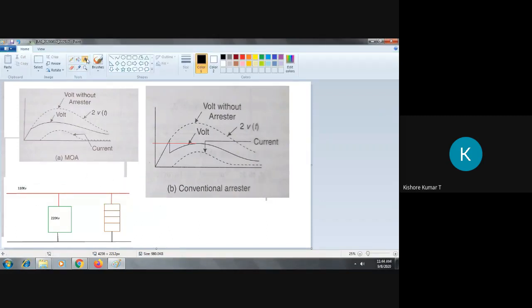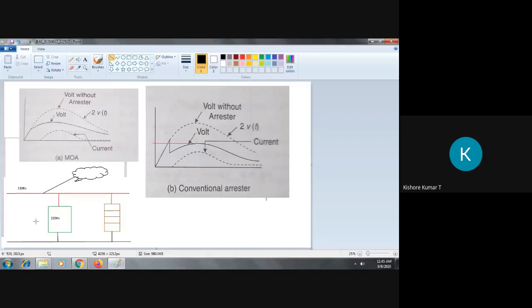Now due to charge distribution or lightning stroke on the line, voltage is increased to 220 kV.